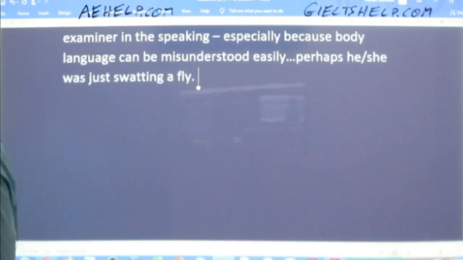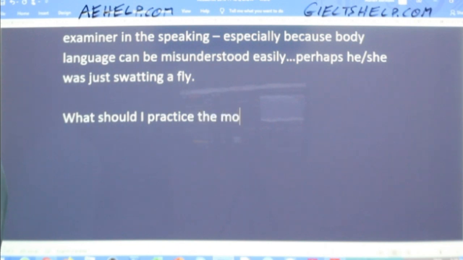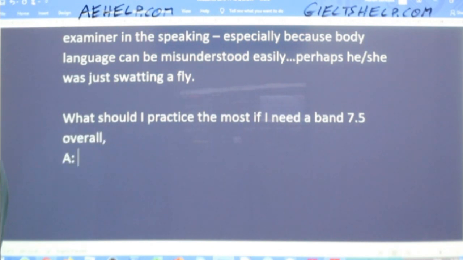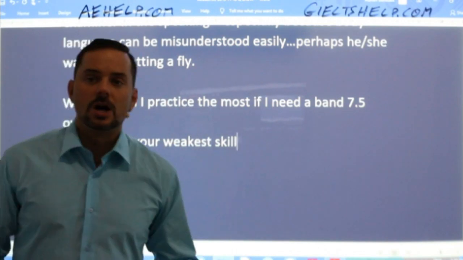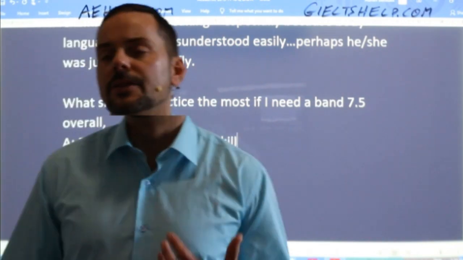Okay, the best answer I can give you is focus on your weakest skill. Okay, so if your weakest skill is speaking, then speak lots. If your weakest skill is writing, then write lots.